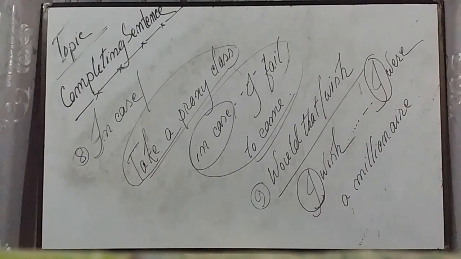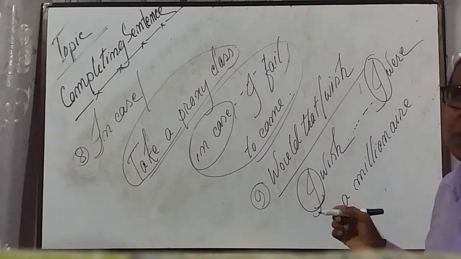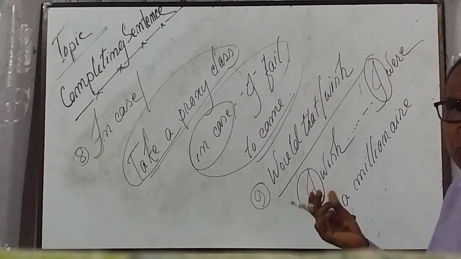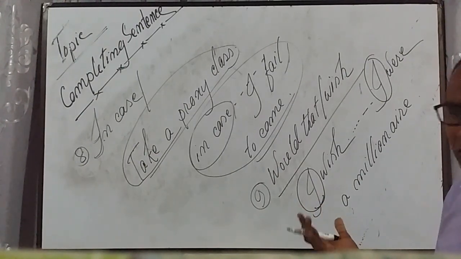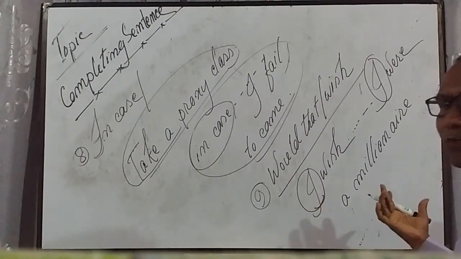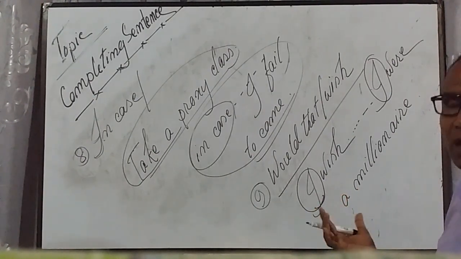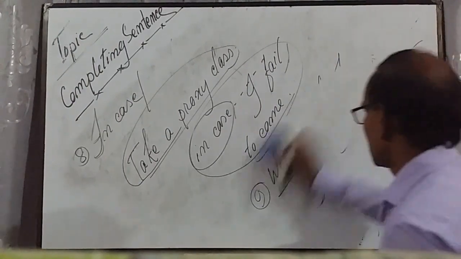That means I am not a millionaire right now. But it is my expectation, my hope, or my dream. If I were a millionaire, then I could, I would do something, definitely, for the welfare of the society, or the country, or humanity. But I am not a millionaire, but I wish, I feel like being a millionaire, okay.